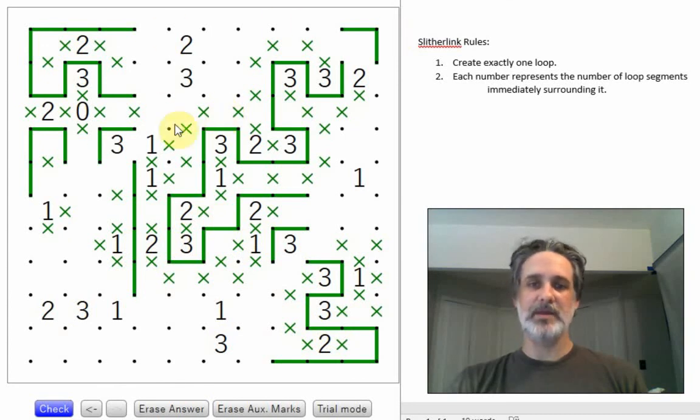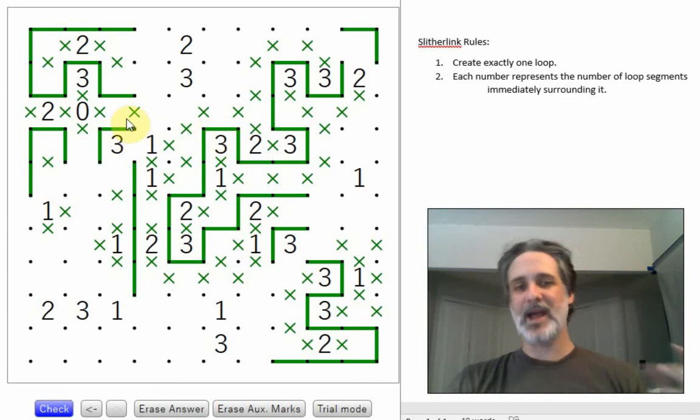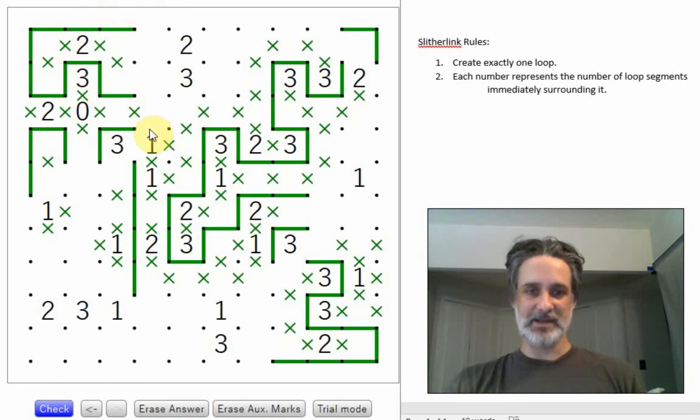So now up in here, I told you there was a deduction. Let's take a look at it now. We have to complete 1 loop. That means in any region of the grid where we could cut it up, there has to be at least 1 entrance and at least 1 exit. Well, right in here, I only have 2 possible paths in or out, and I do have loop segments in there.